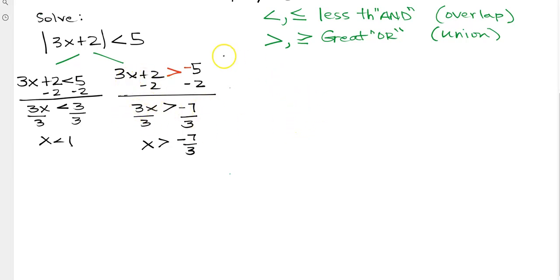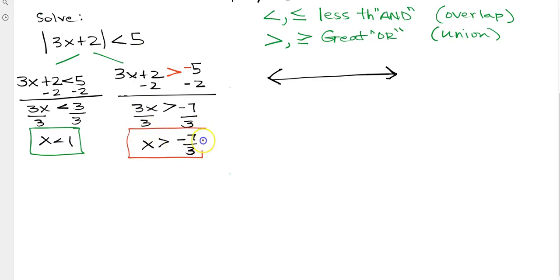And then on this, we will make a graph so that we can see what we're talking about here. I'm going to graph these in 2 different colors just to help us point out what's what. So let's put -2, -1, 0, 1, 2, and so on.